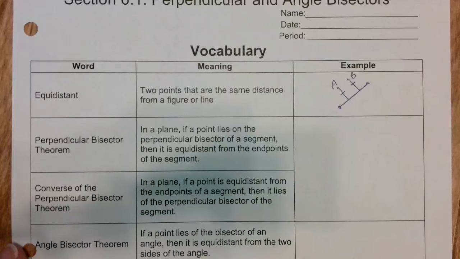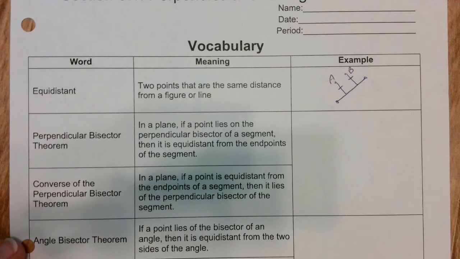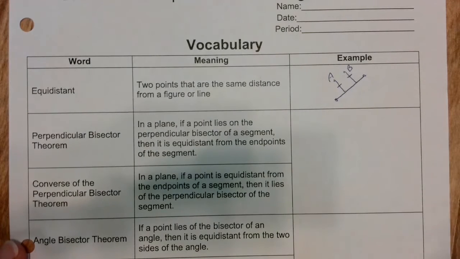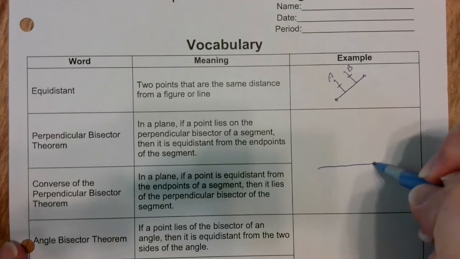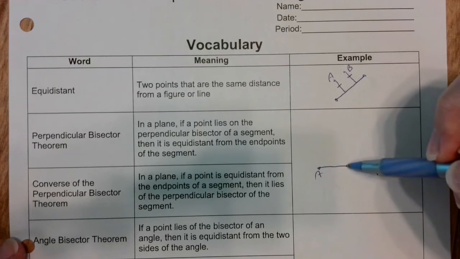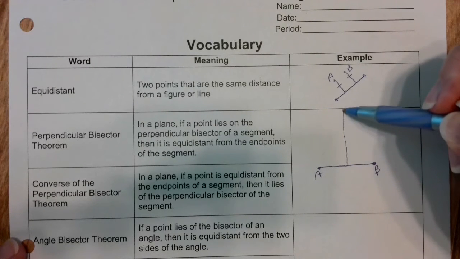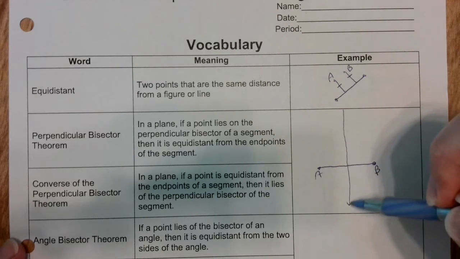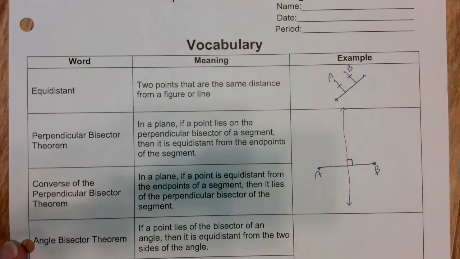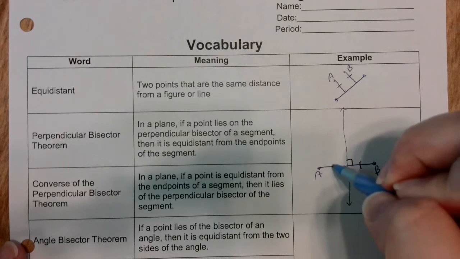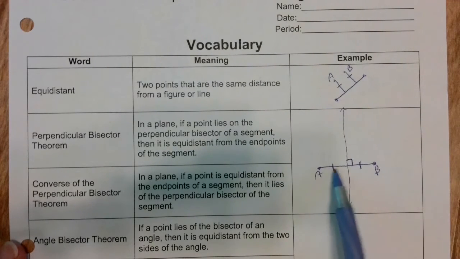So we have the perpendicular bisector theorem and the converse of the perpendicular bisector theorem. So here's what it says. If you have a line segment, let's say AB, and you draw the perpendicular bisector. And we know it's a perpendicular bisector because of the 90-degree angle, and the 2 pieces are congruent.